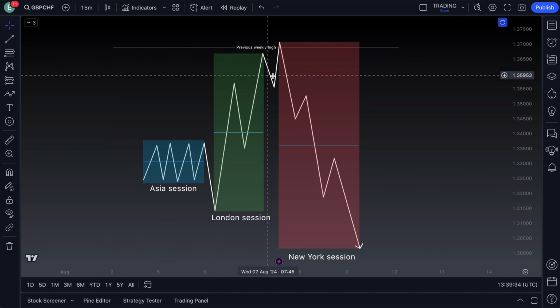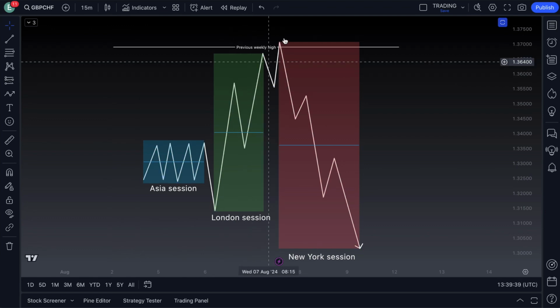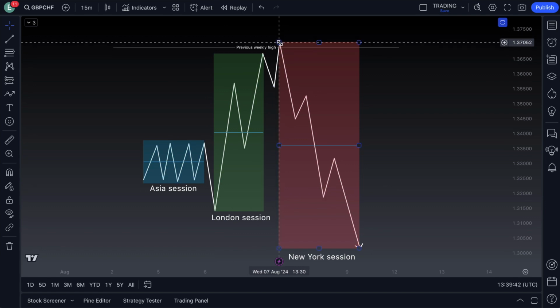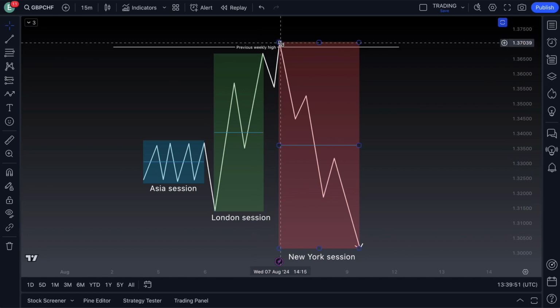As New York opened, not only did it sweep London high, it swept the previous weekly high. Because this is a previous weekly high, it holds more significance. It's not just sweeping the London session high, it's taken the liquidity from the previous weekly high. So the high of the whole of last week, it has taken that liquidity, and that is now fueling a reversal.